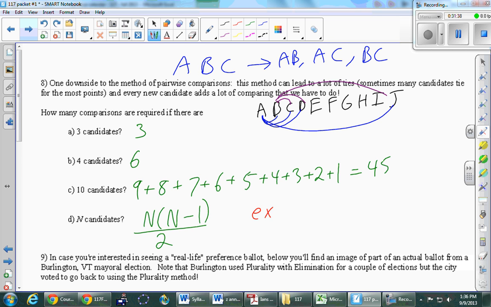For example, if n is equal to 10, like it was in the previous problem, 10 candidates, the first n becomes 10 times 10 minus 1 is 9, divide by 2. Always divide by 2. How much is that? That is 45.